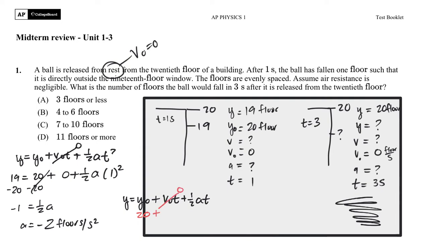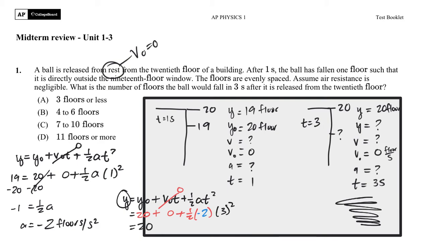We don't have initial velocity because the ball starts from rest. And this time, we do know the acceleration at which the ball will fall from the roof. Mind you, again, it's not 9.81. Time is going to be 3 seconds squared. We're trying to solve for our final position. So at what floor will the ball fall to?